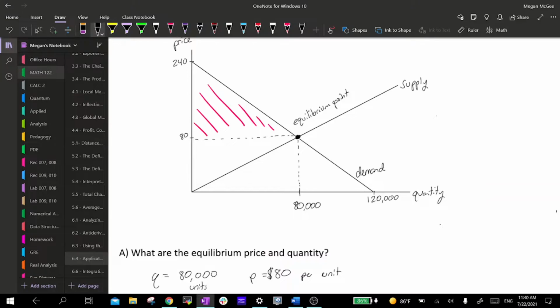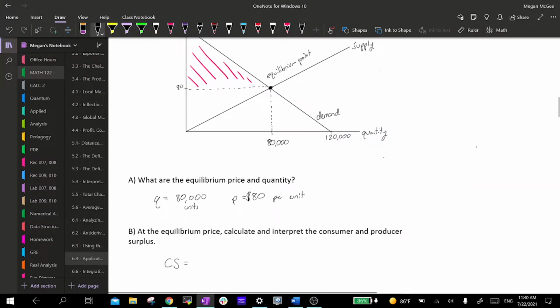All right, so I'm going to zoom out a little bit. So our consumer surplus is going to be the area of this top triangle. I'll say the red triangle. Area of the red triangle. Okay, which we know the area of a triangle is 1/2 the base times the height. So our base is 80,000.